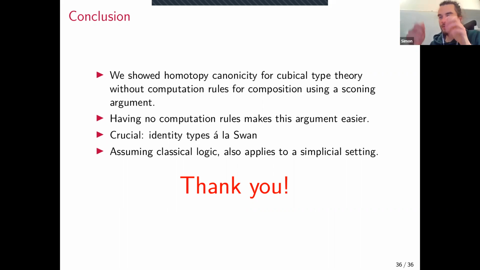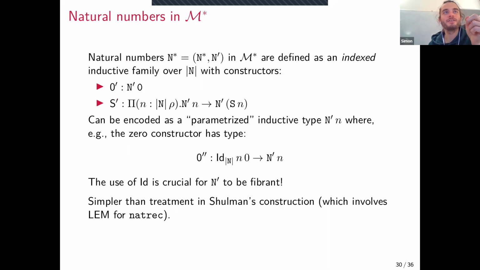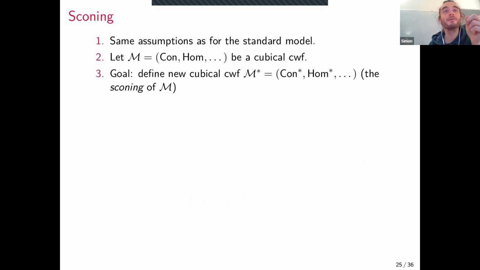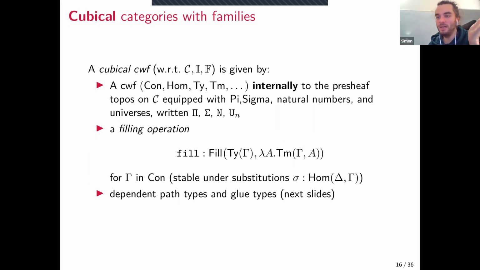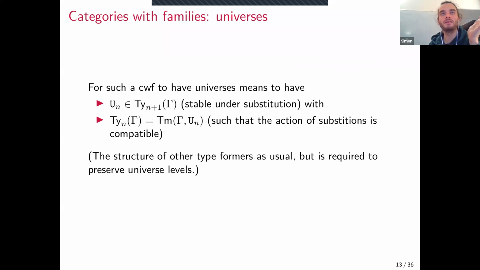So, I mean, the U omega is really somehow, well, let me go back to the definition of CWF. Basically we start with omega many universes, so these are for each n.